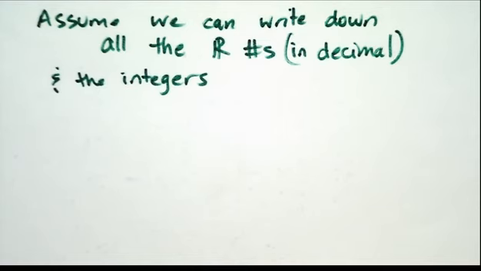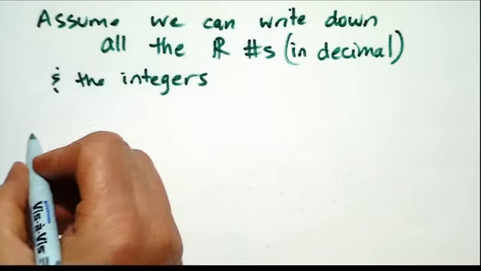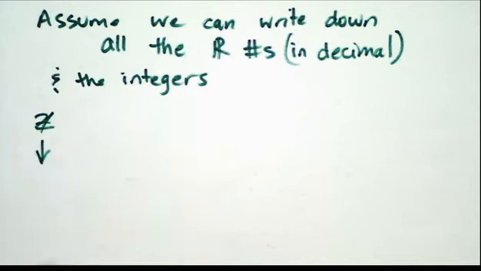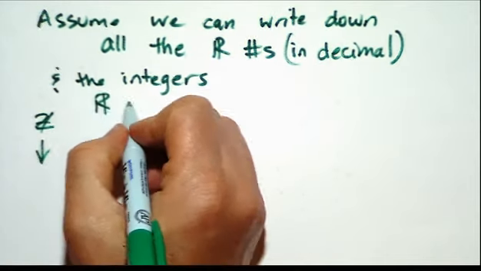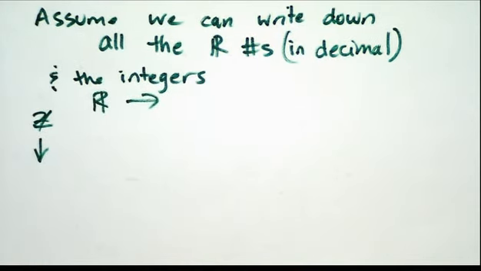Make sense? So I should be able to put integers down the rows and reals across the columns and match them up, if two sets are of a similar size.